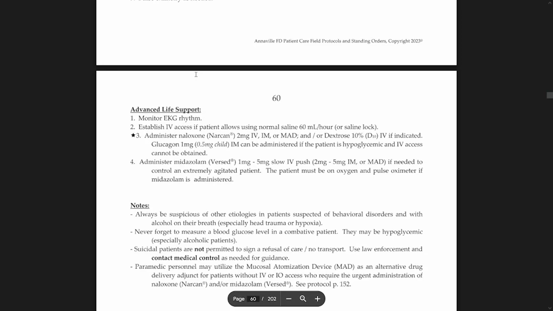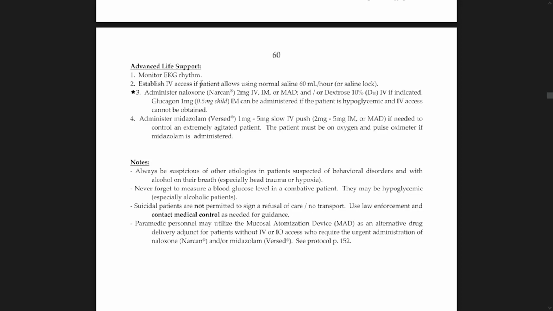For ALS, monitor a 12 lead. Establish IV access if the patient allows, using normal saline at 60 mL per hour, or a saline lock. Administer naloxone or Narcan 2 milligrams via IV, intramuscularly, or mucosal atomizer device, and or D10 via IV if needed.